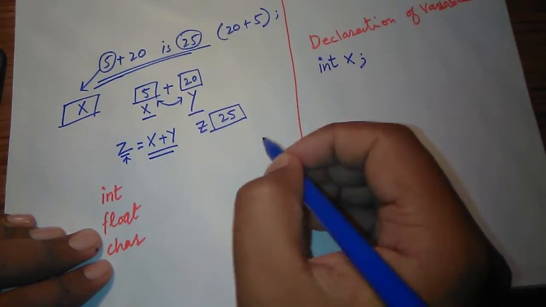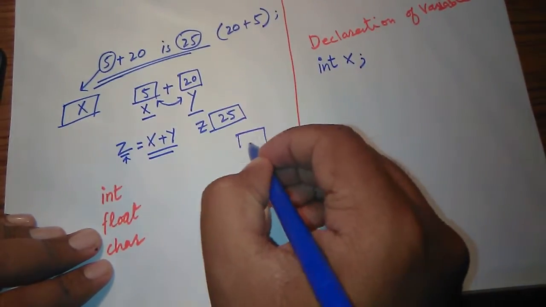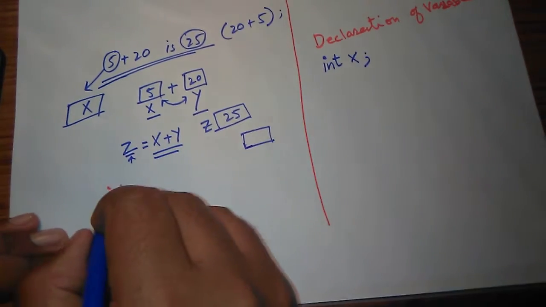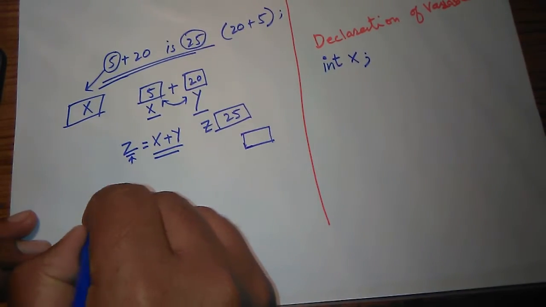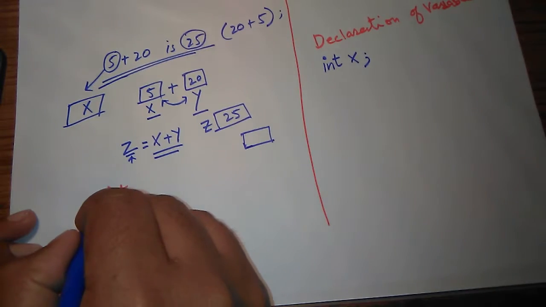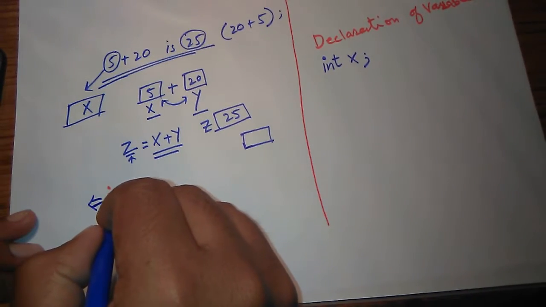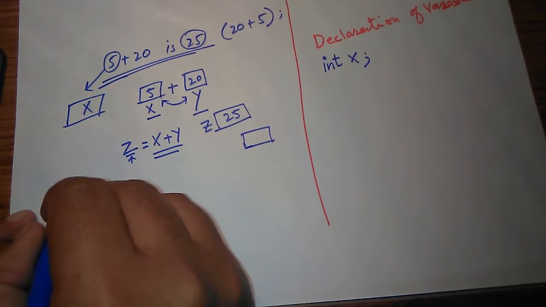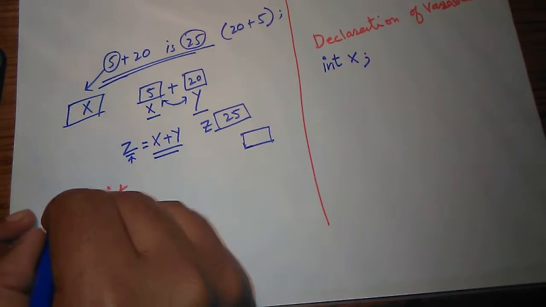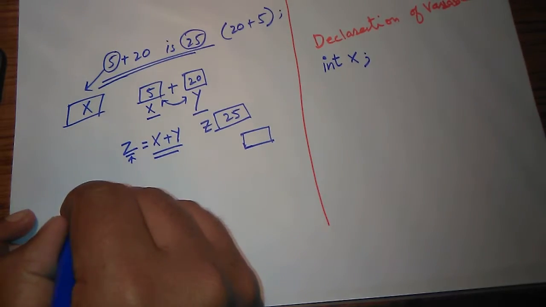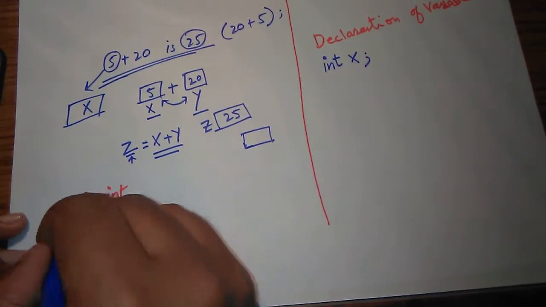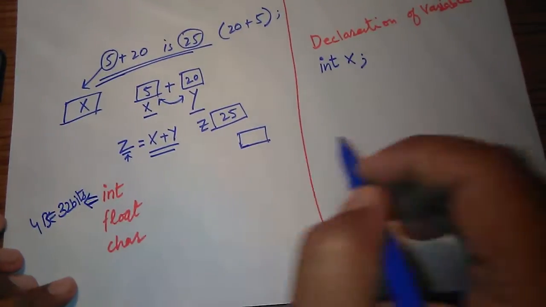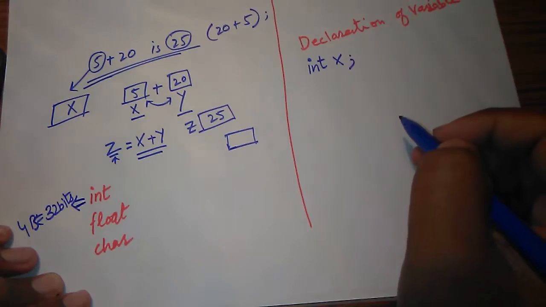In RAM, a place for the variable will be created. Now I am going to discuss its size in bytes. The size of this int is 32 bits, which means 4 bytes.